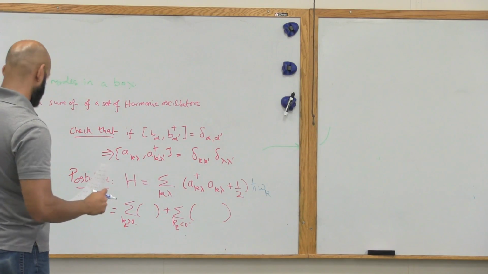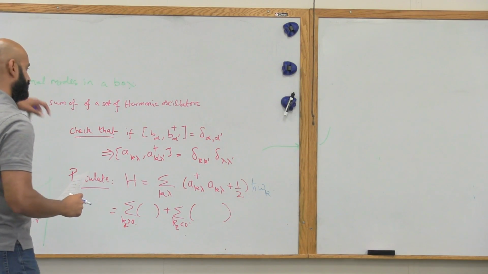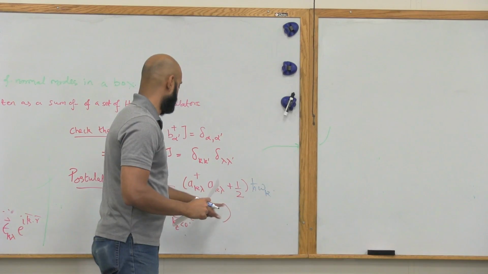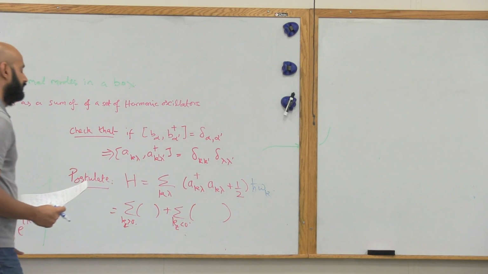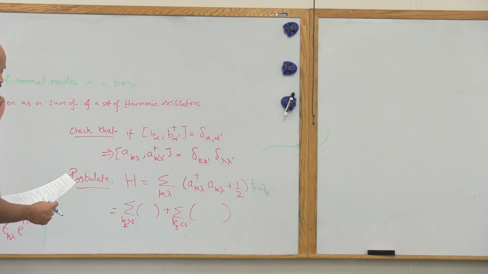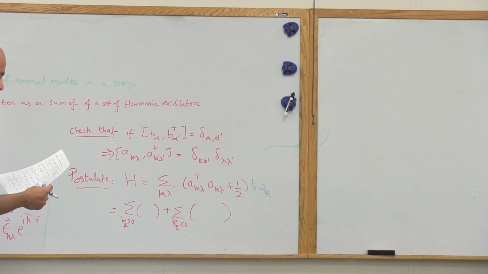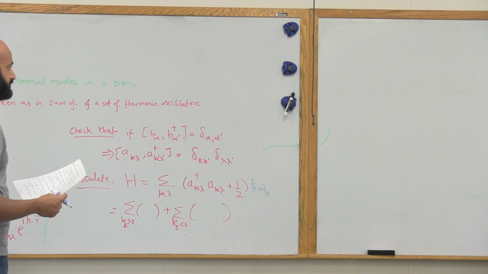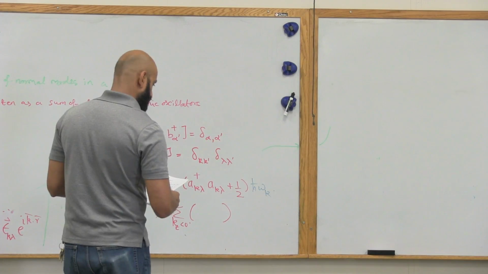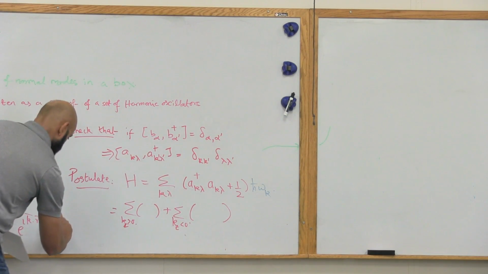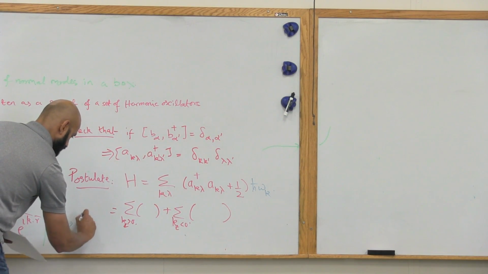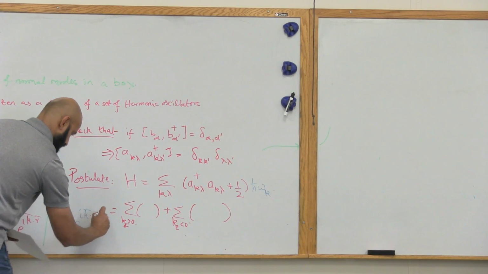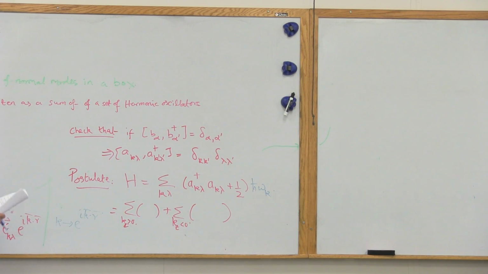So the energy in the field is just ħω_k times a_kλ† times a_kλ, where k labels the spatial mode, e^{ik·r}, which is the wave function, the eigen or normal modes of the box, as we talked about with periodic boundary conditions.